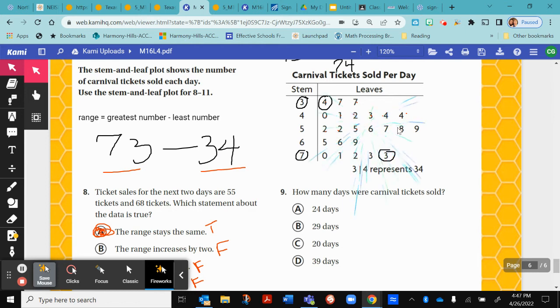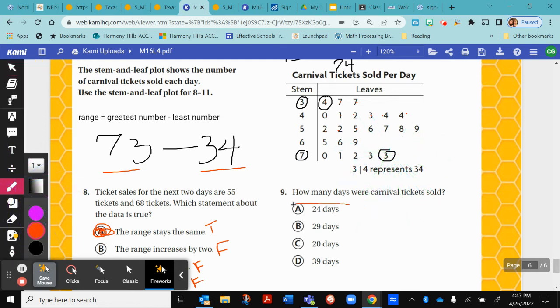And we're at 13, 14, 15, 16, 17, 18, 19, 20, 21, 22, 23, 24. So they sold tickets for 24 days.